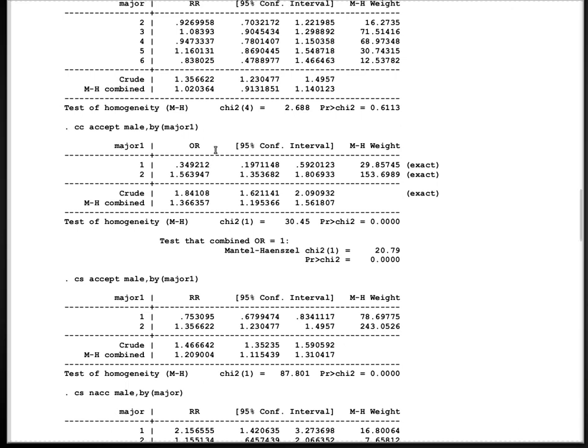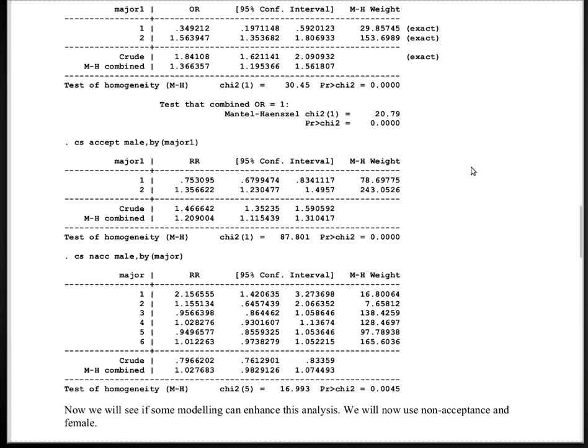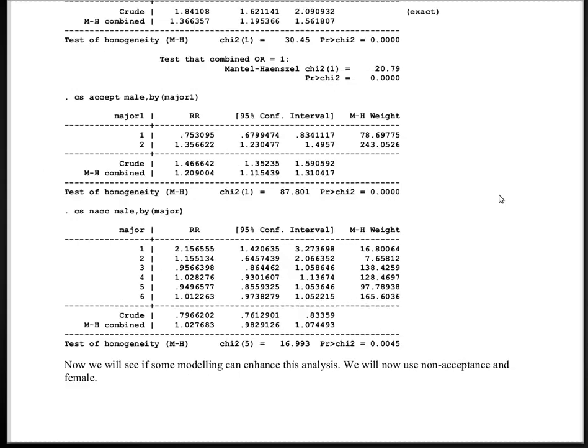And as I've noted earlier, we may find it more helpful to repeat all this analysis in terms of not being accepted so that they become risks rather than successes. Okay, so we could then argue for an analysis of the not being accepted by gender, and we could repeat all of what we've seen here from this stratified analysis.